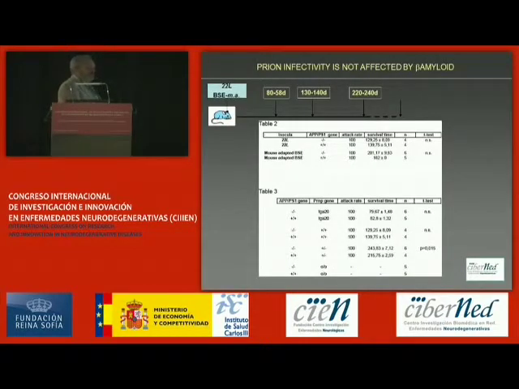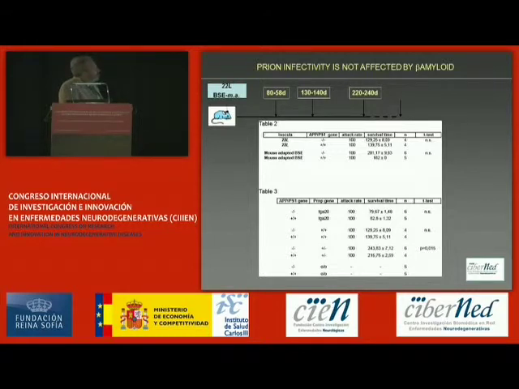The second point, we're trying to answer the question: does the presence of APP modify the infectivity of the prions? The experiment was done using two different prions. One is the strain 22L, which is a prion adapted to mouse for many years and used in many laboratories.